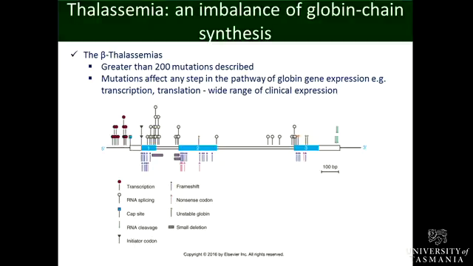But as you can see, all of these spots are where you can get potential mutations, and where mutations have been found that affect the transcription and translation of these particular disorders. So it's really complex. And you can imagine the diagnostic tests to try and identify all of these is really difficult.